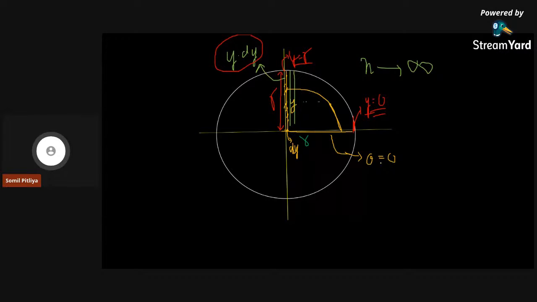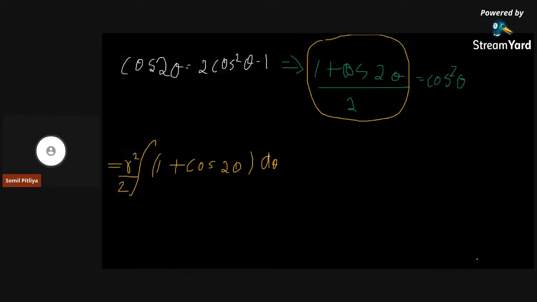So theta is ranging from 0 to 90, but I will not use 90. I will use pi by 2 as my radian measure. So theta is ranging from 0 to pi by 2, that is 180 by 2, that is 90 degree. This is a radian conversion. So I will put the limits of theta as 0 to pi by 2.